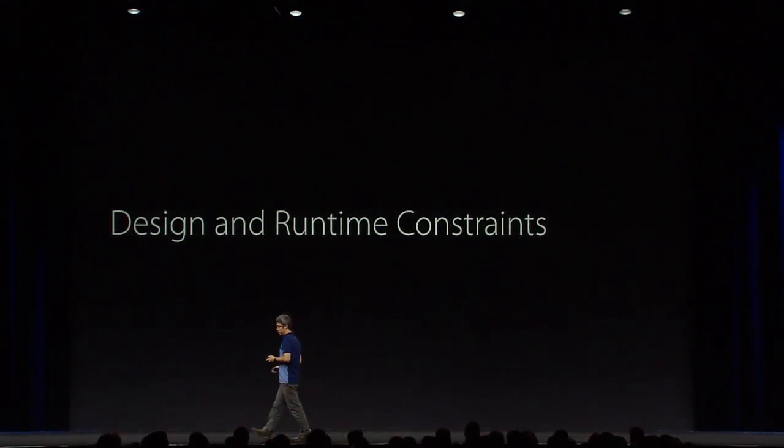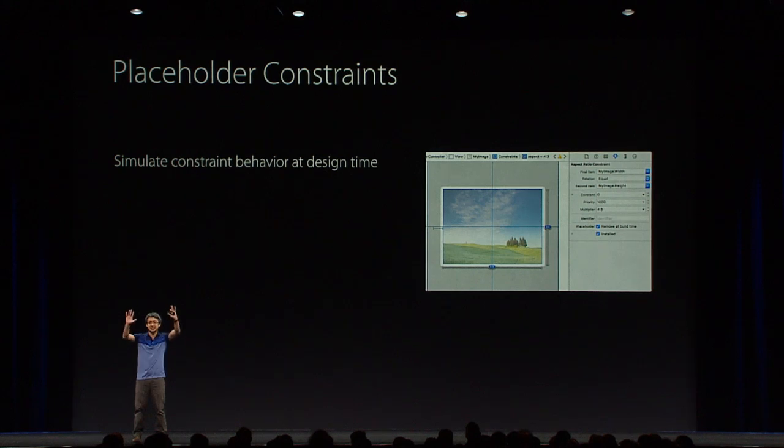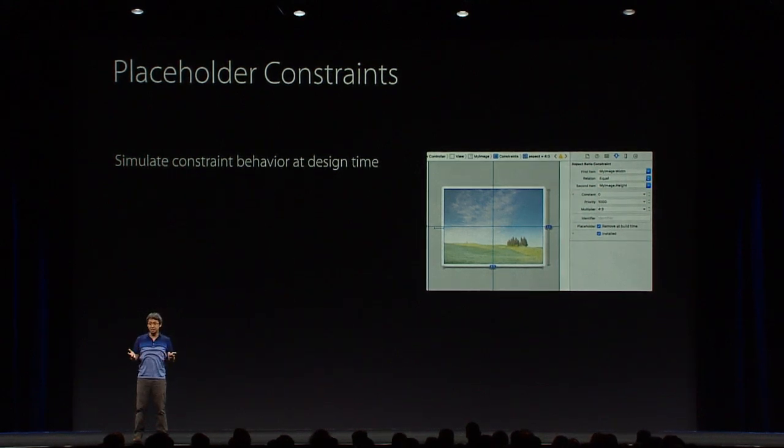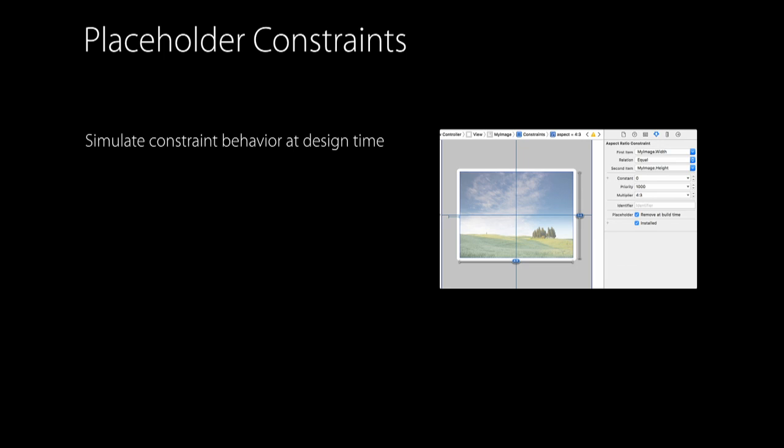The first is the use of placeholder constraints. In this situation, I've got an image, and I want to go ahead and center it in my device, both horizontally and vertically, also a little bit inset from the leading margin. I also want the image to maintain its aspect ratio. However, I don't know what that final image is going to be, not until runtime.